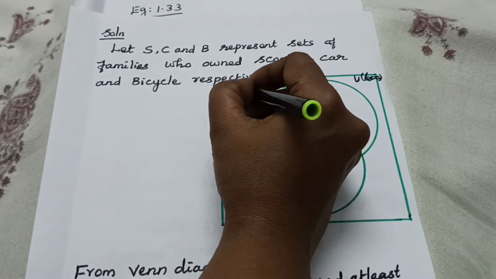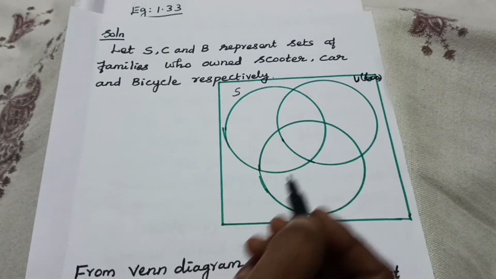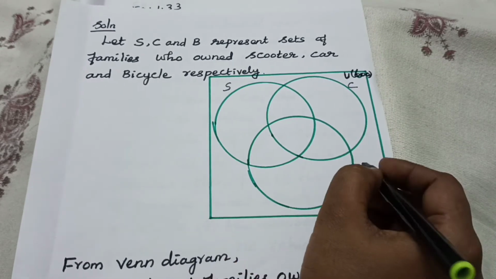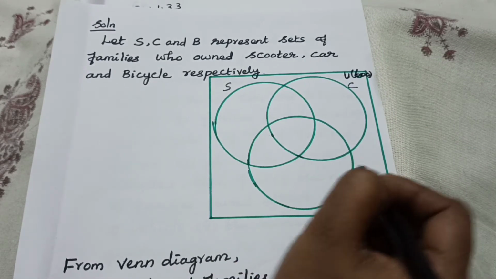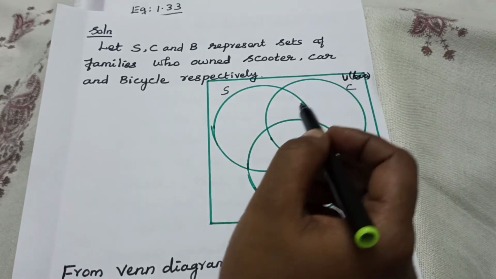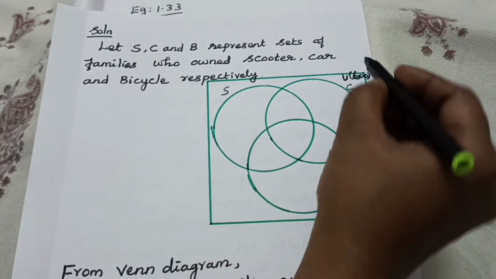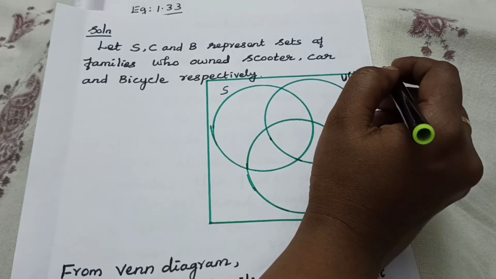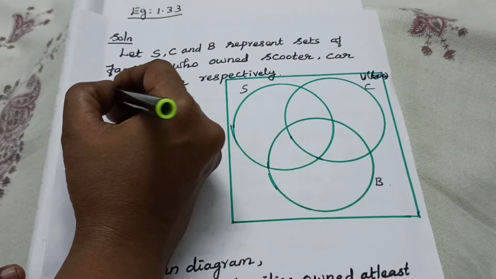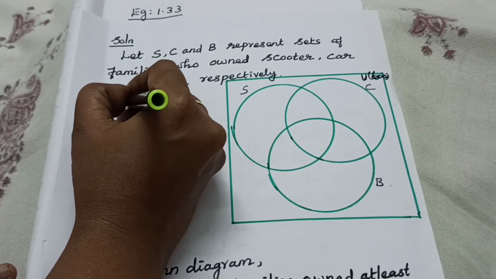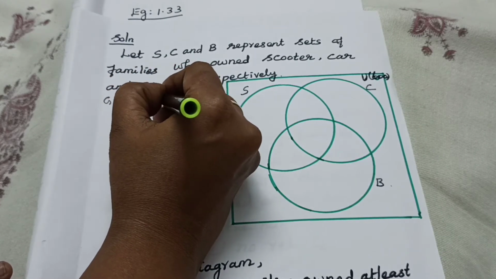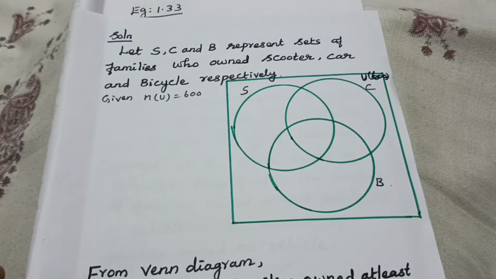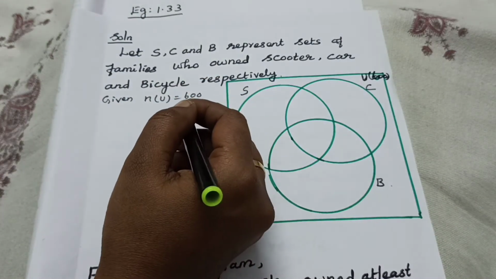Here the total number of families 600 is given, so this is the universal set. First we have to write, given n of universal set is equal to 600.